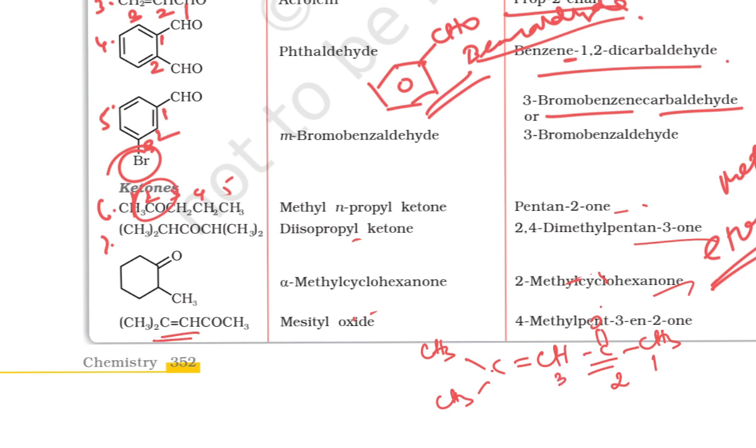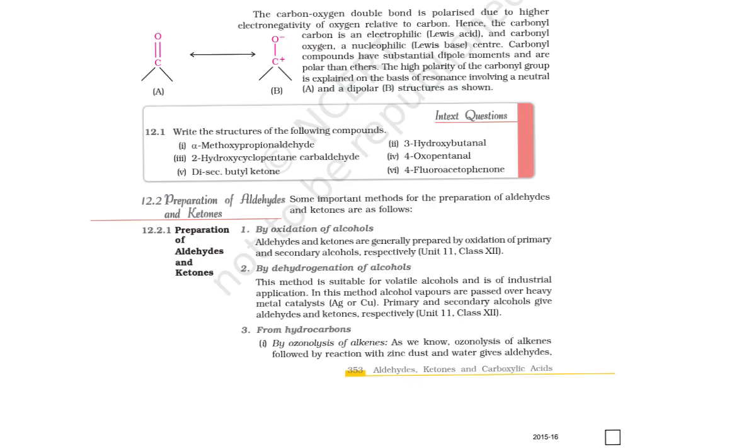So 3, 4, 5. In second position one is there, then fourth position methyl is there, so 4-methyl, your parent name is pent. So 4-methylpent-3-en-2-one.